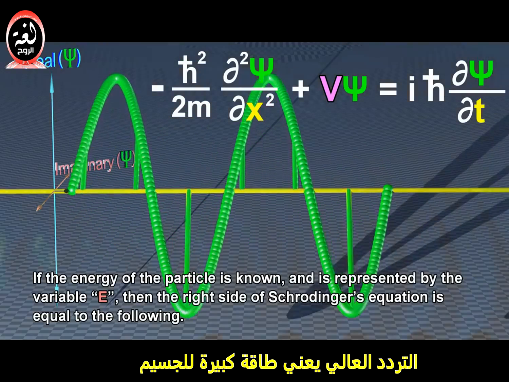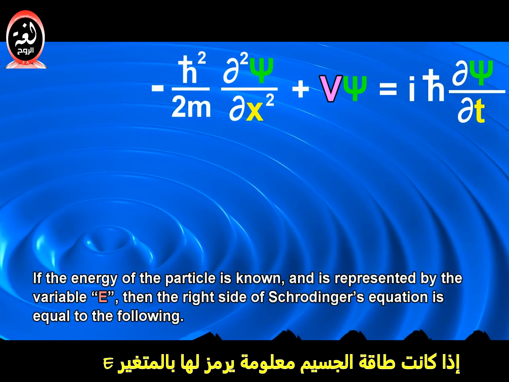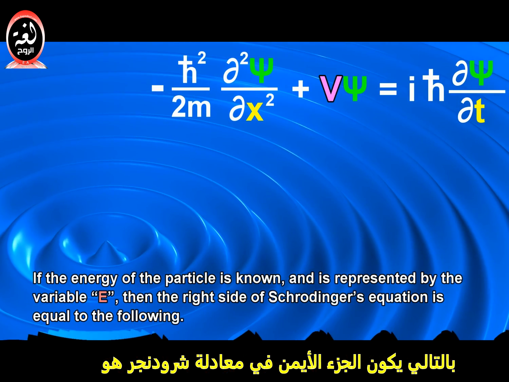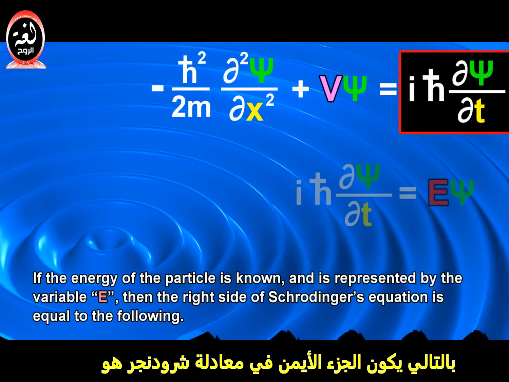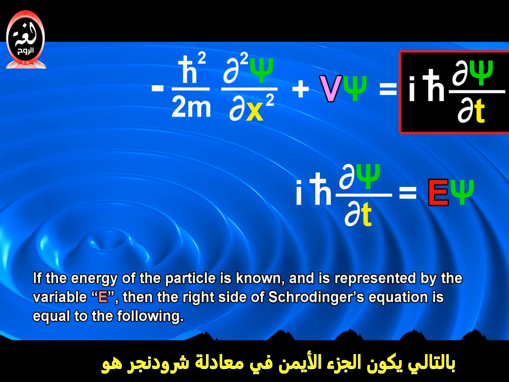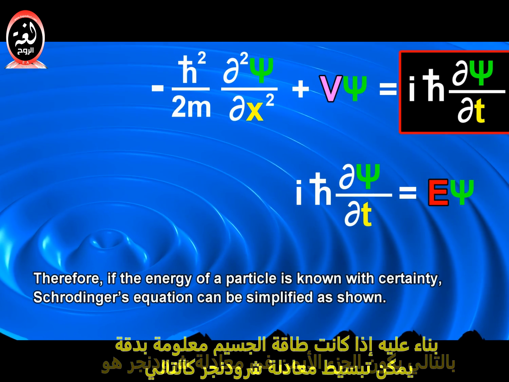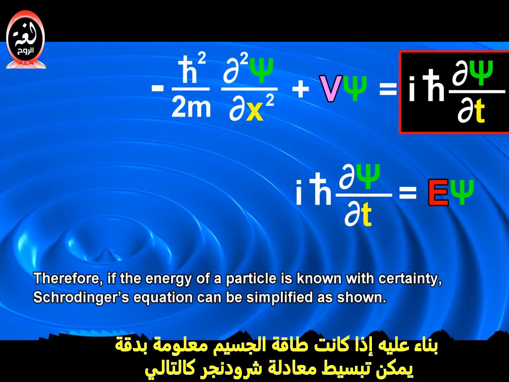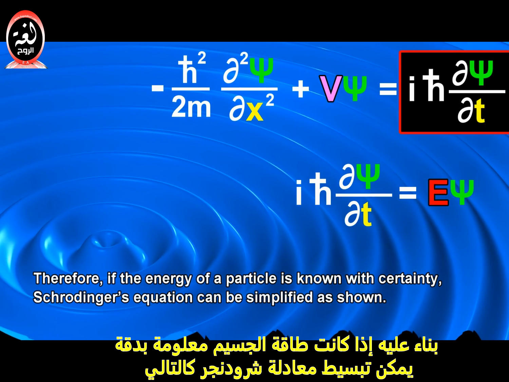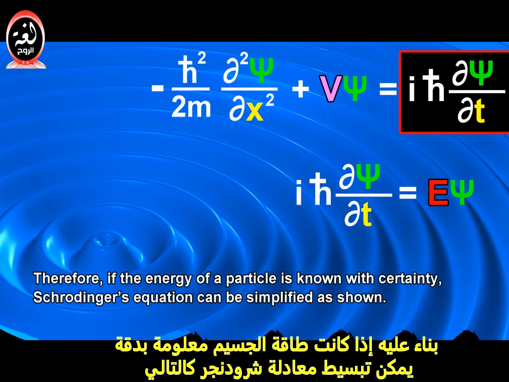If the energy of the particle is known and is represented by the variable E, then the right side of Schrödinger's equation is equal to the following. Therefore, if the energy of a particle is known with certainty, Schrödinger's equation can be simplified as shown.